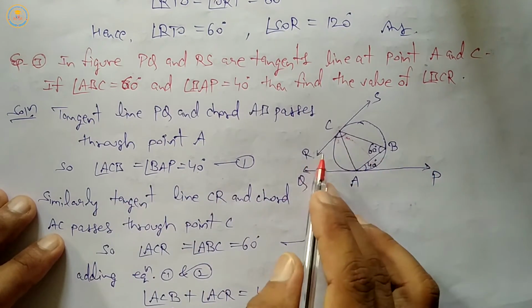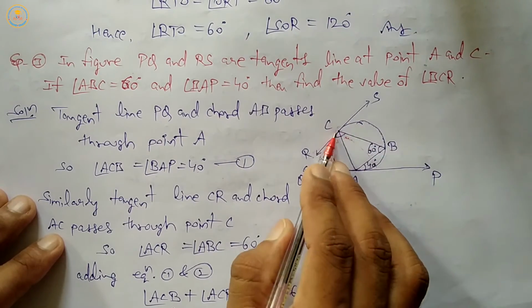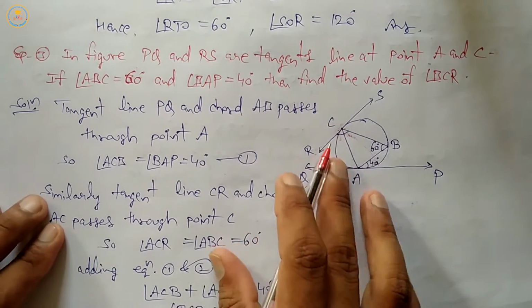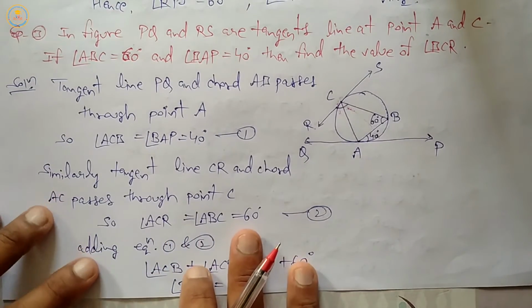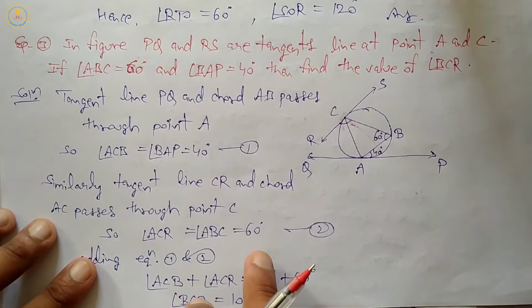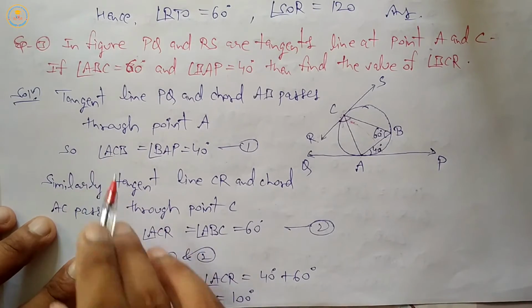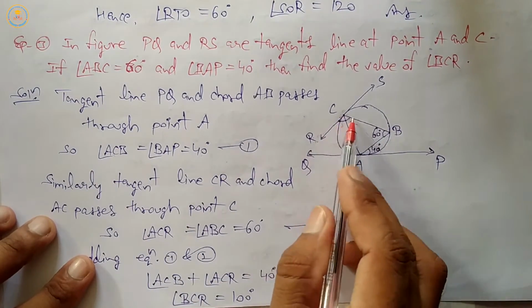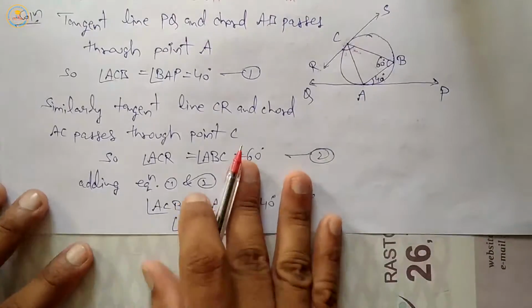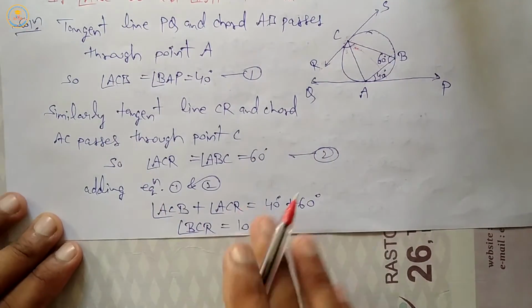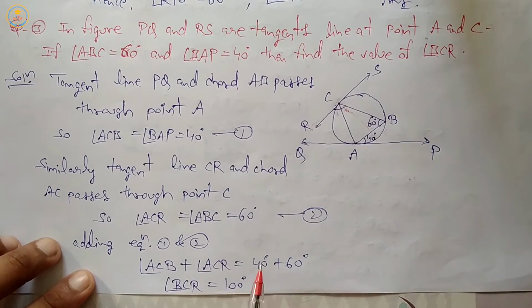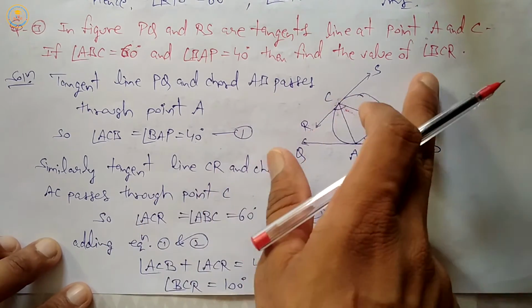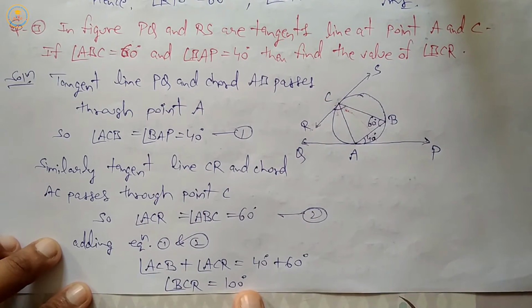By equation second, here RC and CA intersect at point C, so ACR equals 60 degrees. Adding both, ACB plus ACR means BCR, which is 40 plus 60, 100 degrees. So the value of BCR is 100 degrees. That is the answer.